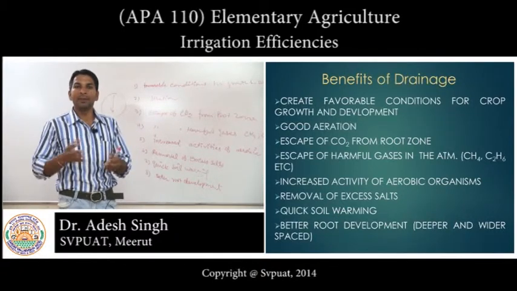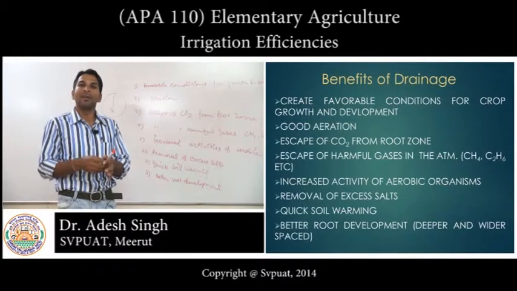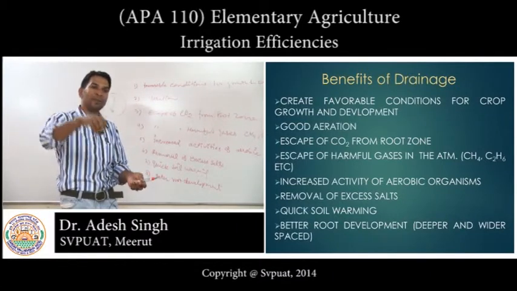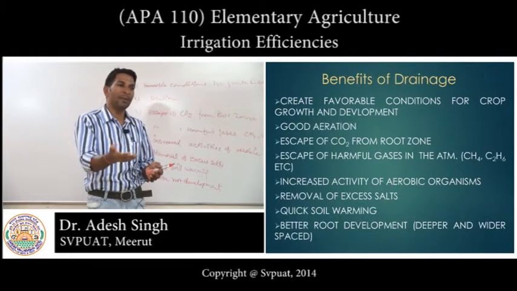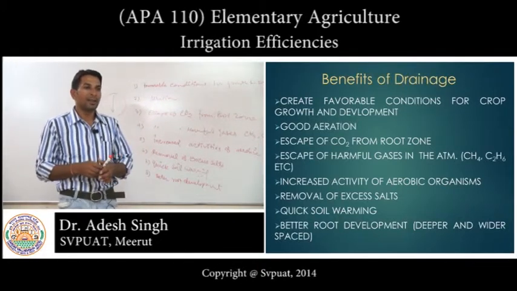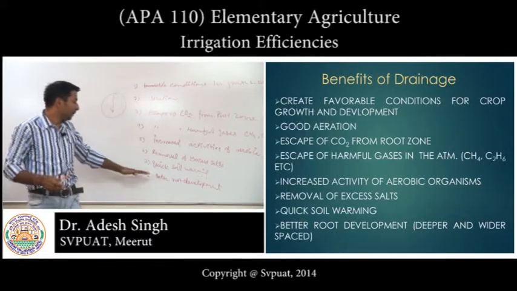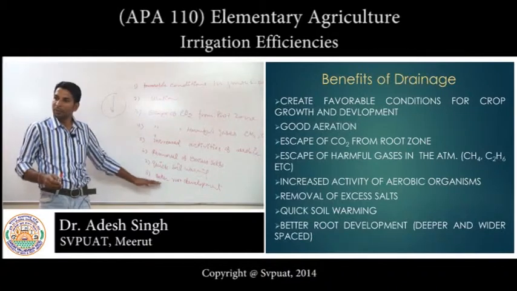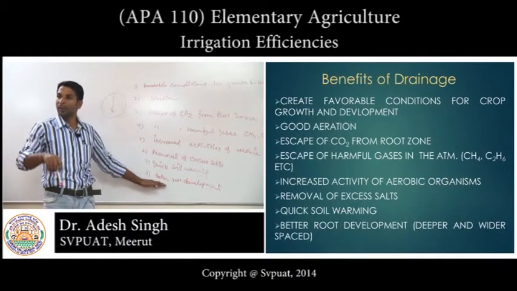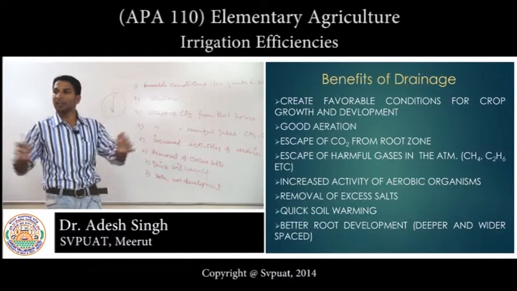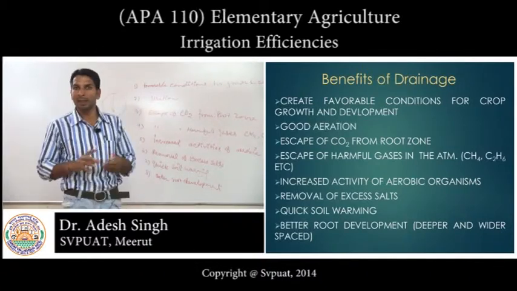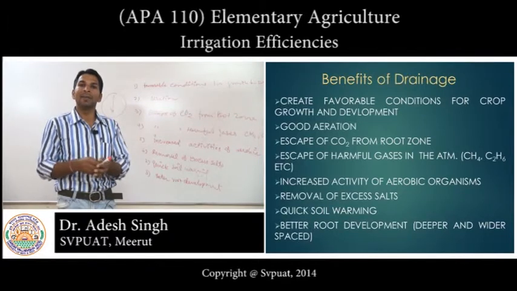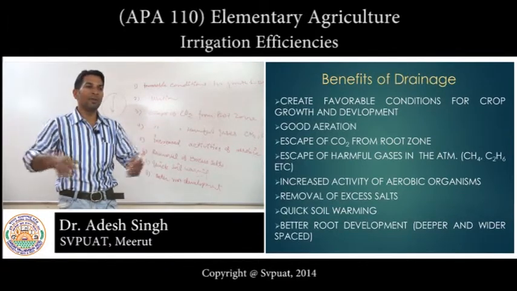Clear? Because if water is available, what is the need for expanding the roots, or why would the roots go deeper if water or food is available at the surface? So if proper aeration is there, then the root system will be strong, going to a deeper depth, and the spreading is more. So these are certain benefits of drainage which will be helpful for better development of the crops.